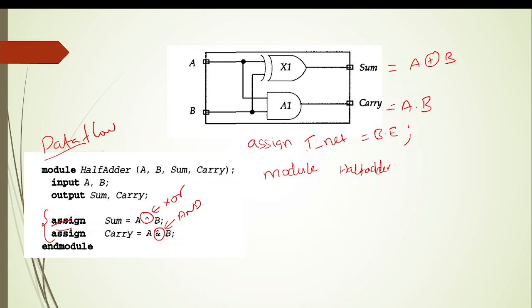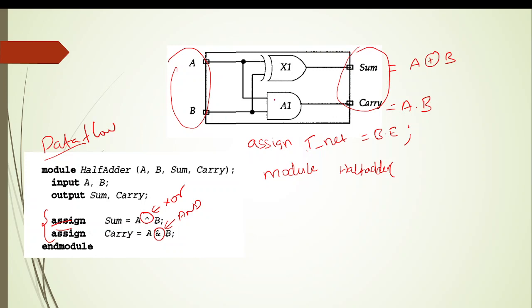There are some rules for writing this identifier name. I can use alphabets, numbers 0 to 9, and underscore, and I should not start it with a number. Then within brackets I have to write the port list. The port list is based on the signals given as input to your half adder and the signals coming as output from the half adder.